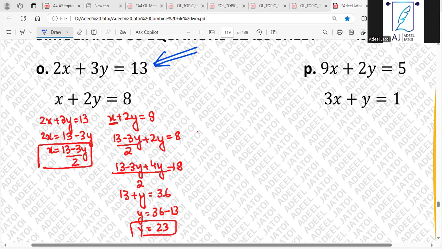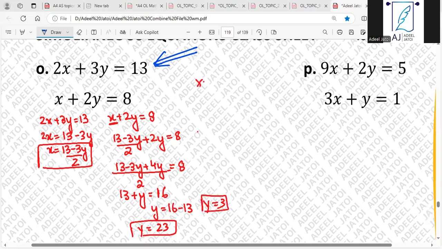Oh, this is 8. Just changing, this is 8. So correction. So this will be what? 8. So can we just say as this is 8, so this should be 16. So y is 16 minus 13, y becomes what? 3.